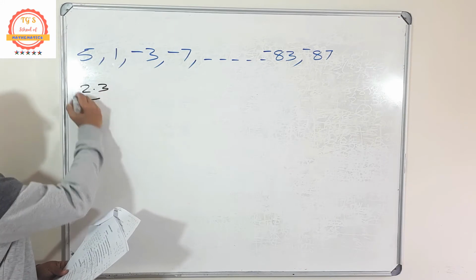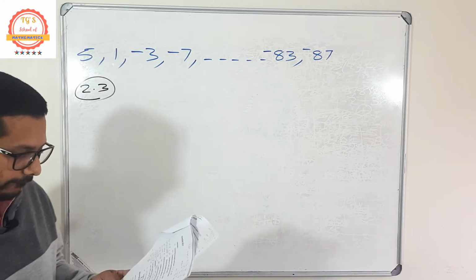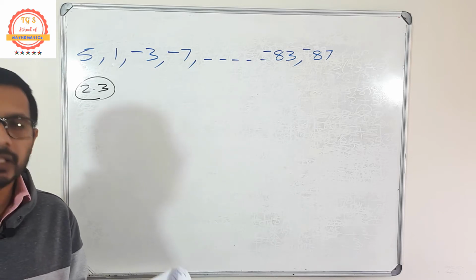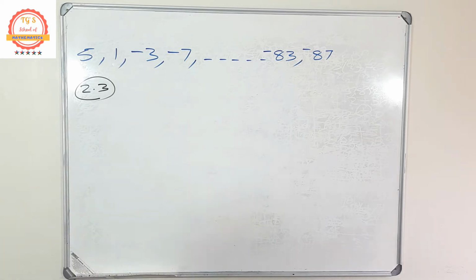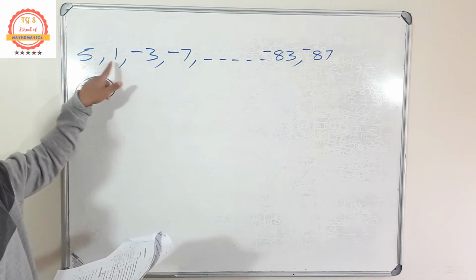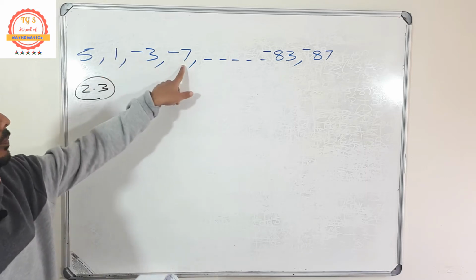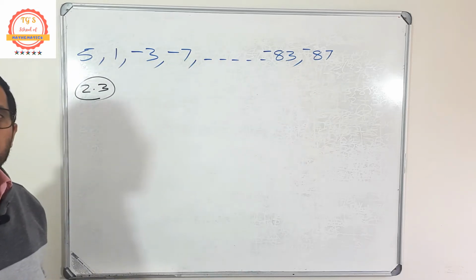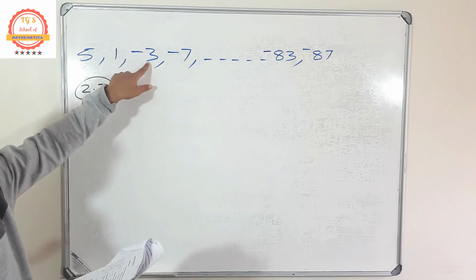Question number 2.3. What is that question? Calculate the sum of all the negative numbers in the sequence. You have to find the sum of all the negative numbers in the sequence. So this is our given sequence: 5, 1, minus 3, minus 7, etc. up to minus 87. So here the negative numbers start from this minus 3.